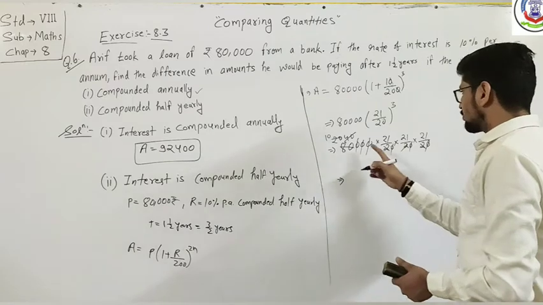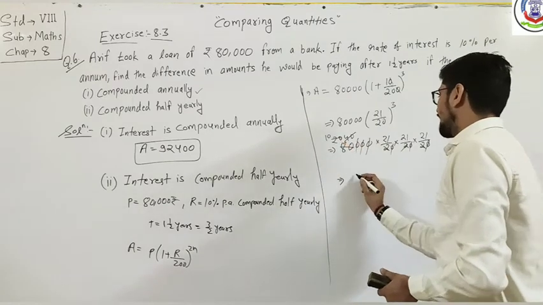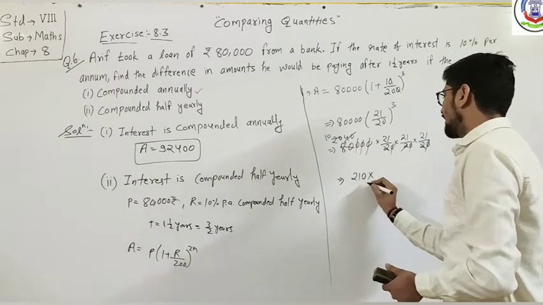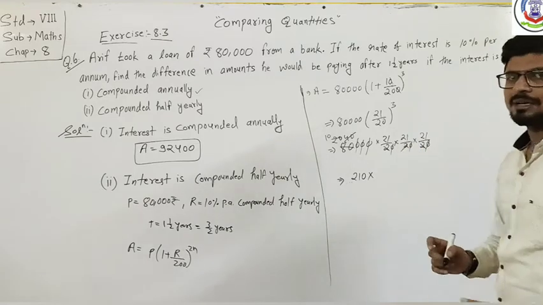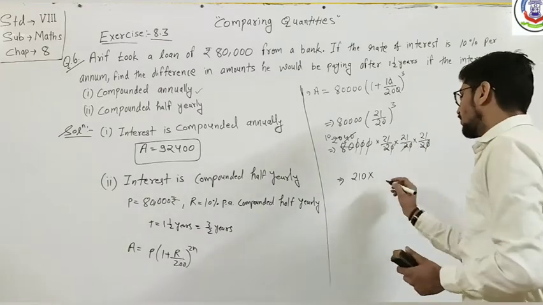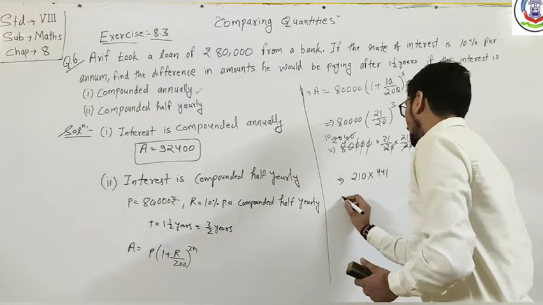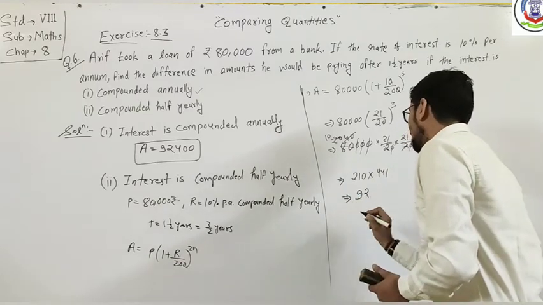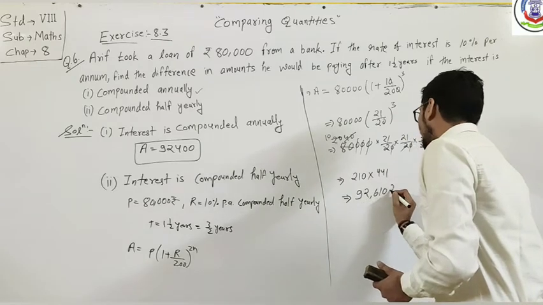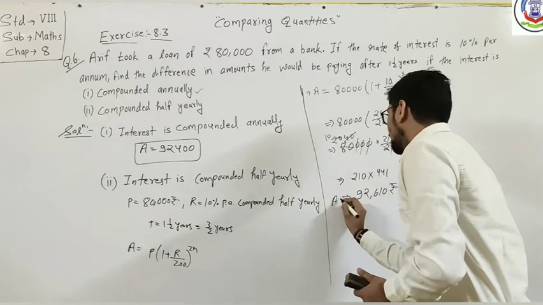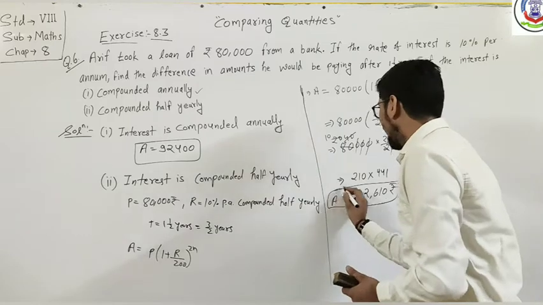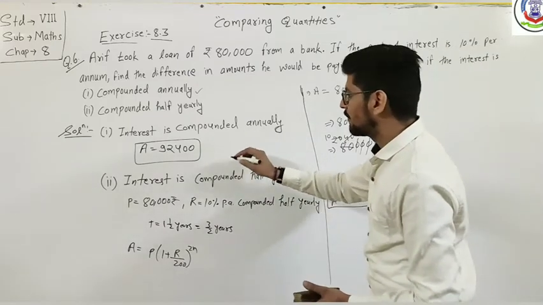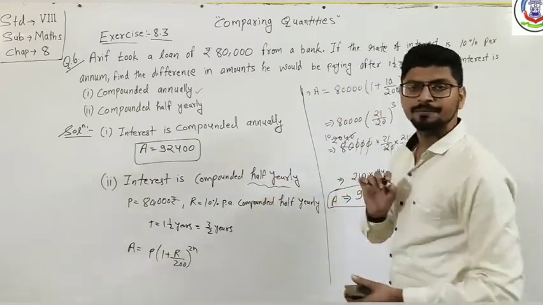Okay, so 10 multiplied 21 is equal to 210 and 21 multiplied 21 is 441. So इसको आप मल्टीप्लाई करेंगे तो आपको मिलेगा 92,610 rupees, which is your amount when interest is compounded half yearly.